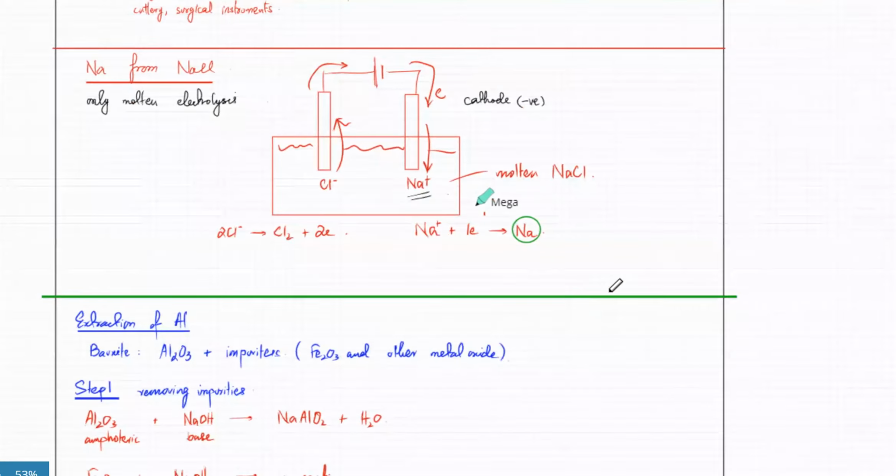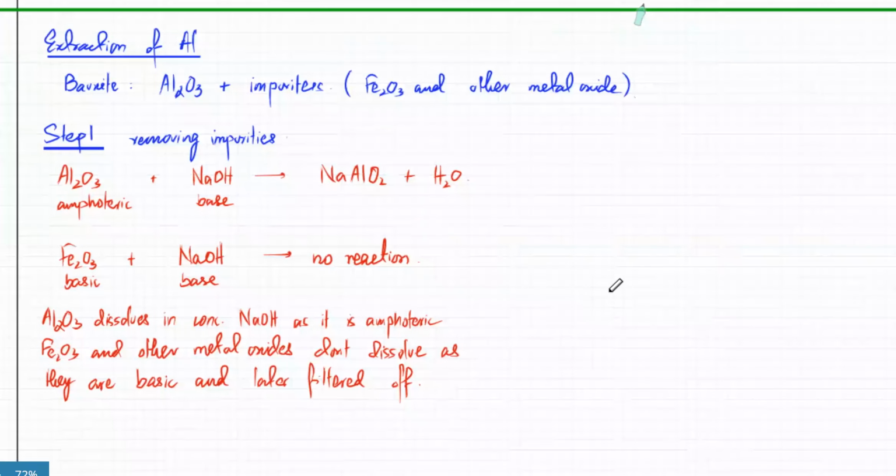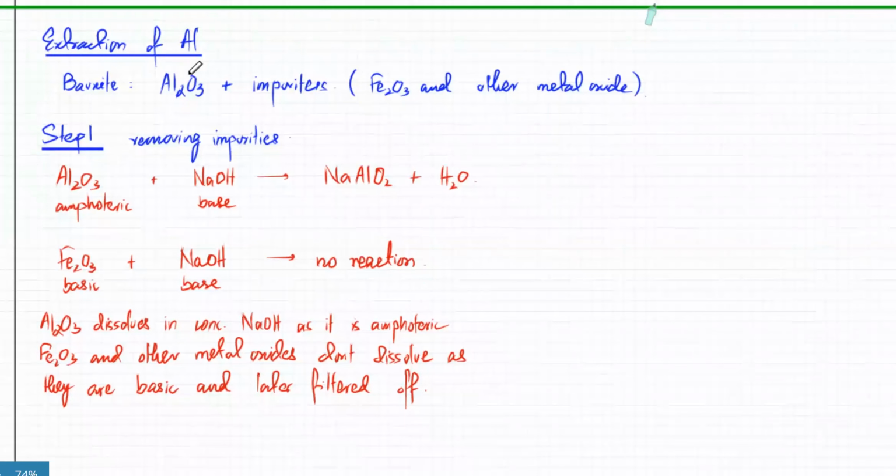Now in extraction of aluminium, you're going to do exactly the same thing. You'll do the electrolysis of Al2O3. Now the thing is that bauxite is the ore of aluminium. It's got aluminium oxide, plus it's got lots of impurities as well.